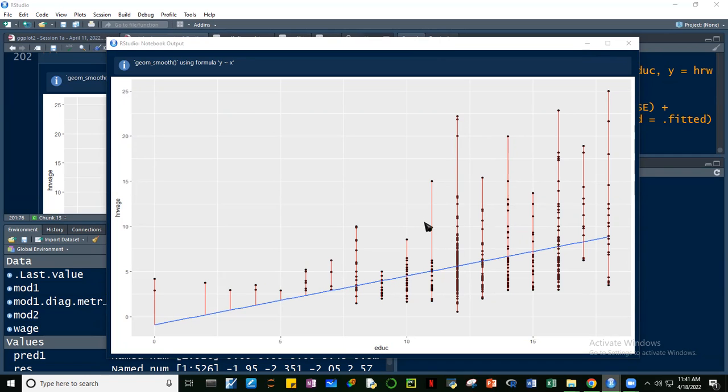Some of these lines are superimposed because they are on the same vertical line. So the red lines there are the lines that represent our residuals. Okay, so this is the residual for this point.